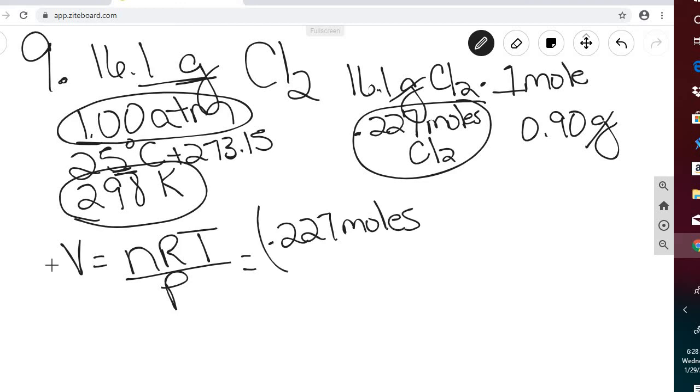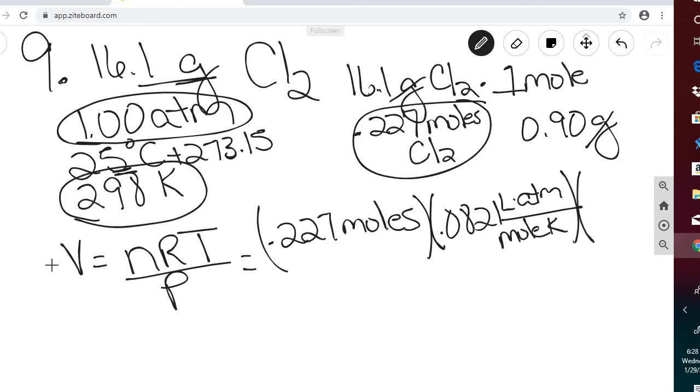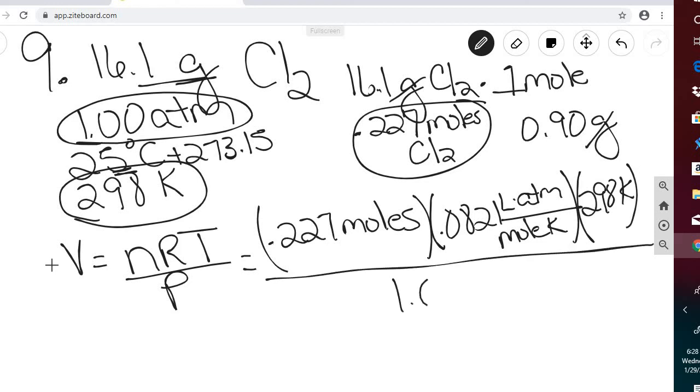R is the ideal gas constant, 0.0821 liters times atmospheres over moles times K. And then temperature was 298 K. And we'll divide that by the pressure, which was 1 atmosphere.